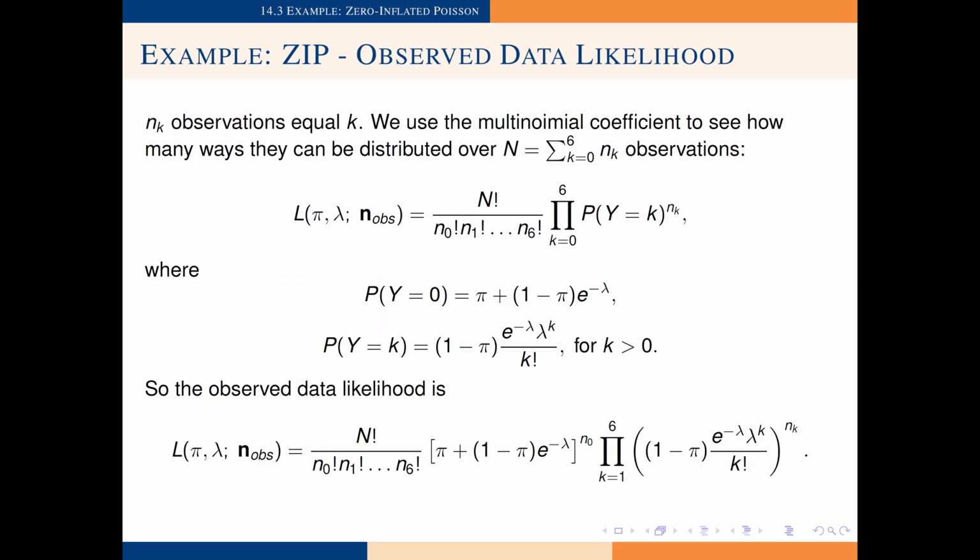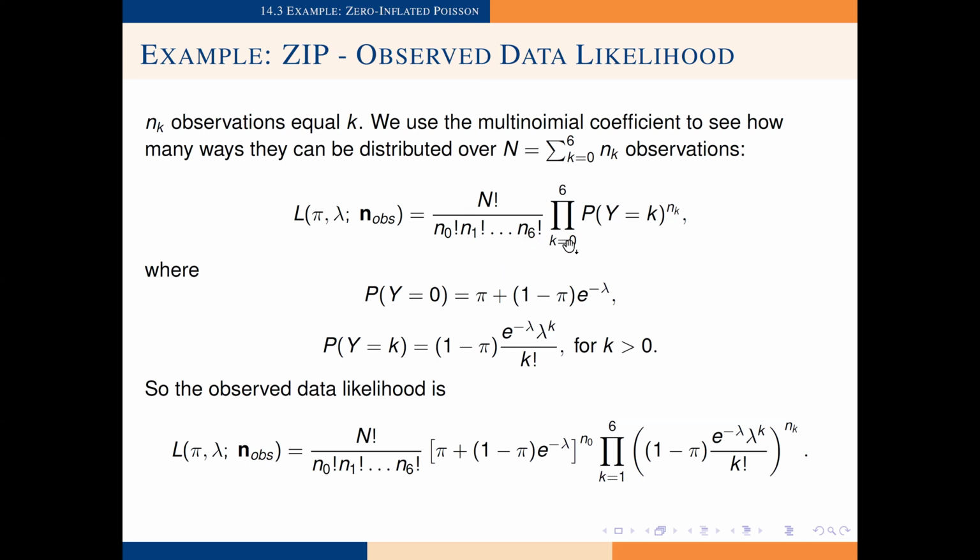Okay. So N_k is the number of observations that report having k drinks. We can use the multinomial coefficient to see how many different ways they can be distributed over the large N observations. If you write the corresponding multinomial probability mass, it will be given by this form. So the probability that we observe the observed data given pi and lambda is given by this model over here, where we have large N factorial divided by N_0 factorial and N_1 factorial all the way up to N_6 factorial.